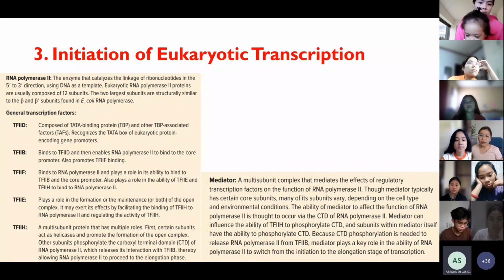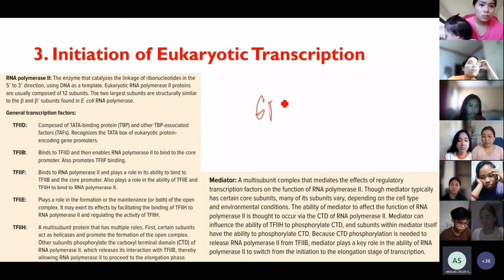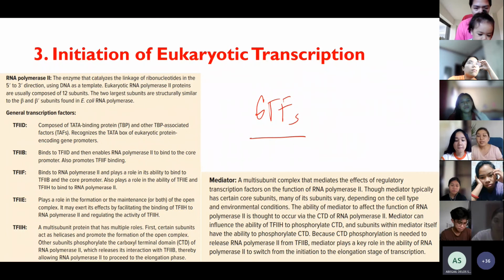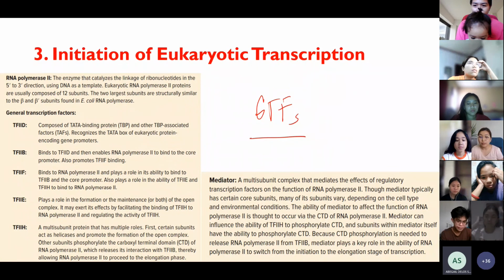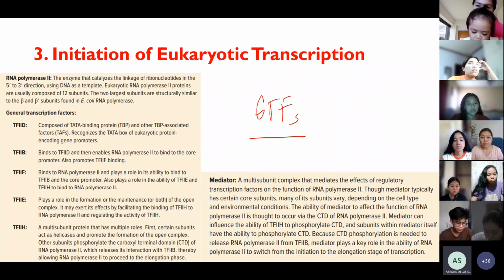We have here the 5 different proteins that we call the GTFs, which are always needed for RNA polymerase II to initiate the transcription of our protein-encoding genes. It describes the assembly of your GTFs and your RNA polymerase II at the TATA box. The TATA box is the location.